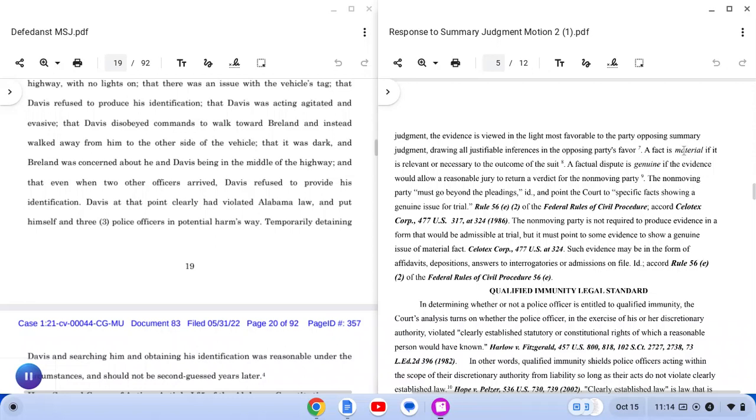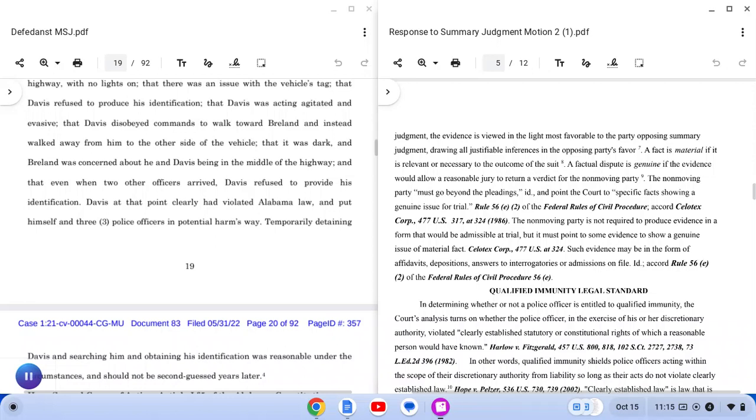That's why you see these in italic. They've been construed. They've been substantiated. These terms have been substantiated. A fact is material if it is relevant or necessary to the outcome of the suit. A factual dispute is genuine if the evidence would allow a reasonable jury to return a verdict for the non-moving party.